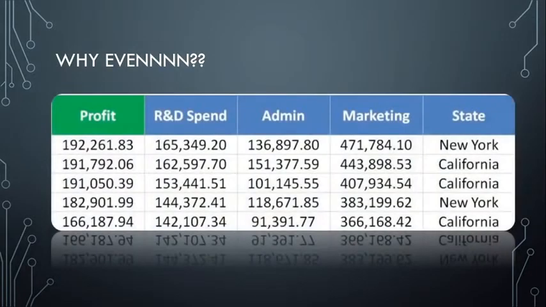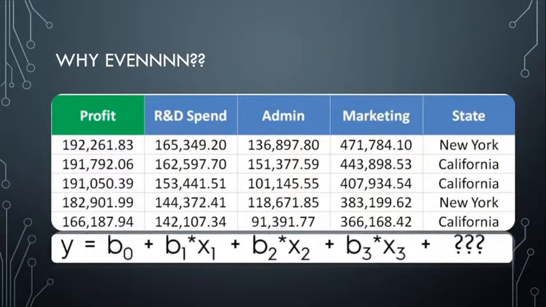So there is this problem where we have this equation right here, but what are we going to do with this column right here? How are we actually going to use this with the numerical variables, numerical data here? If you try to do it, you would understand that you cannot actually do it because you cannot write words into this equation, right?